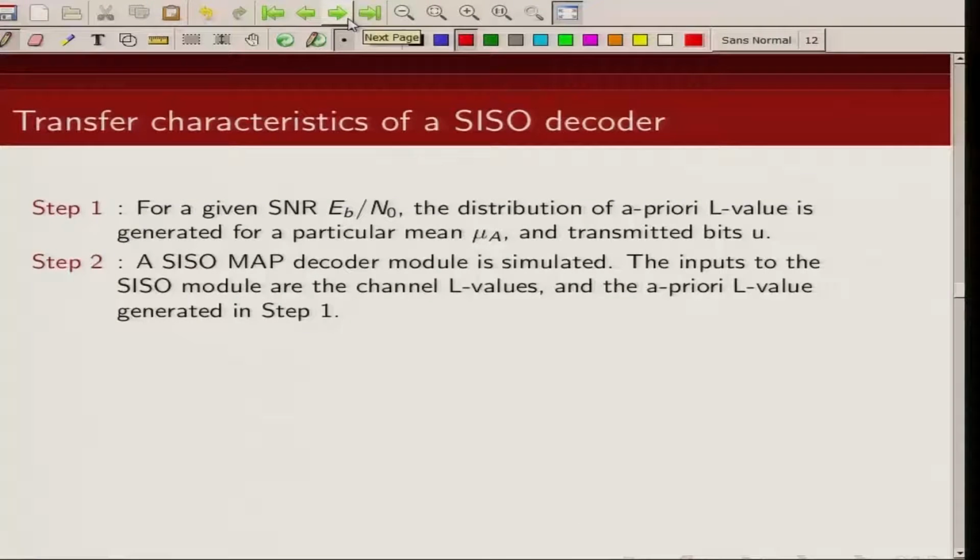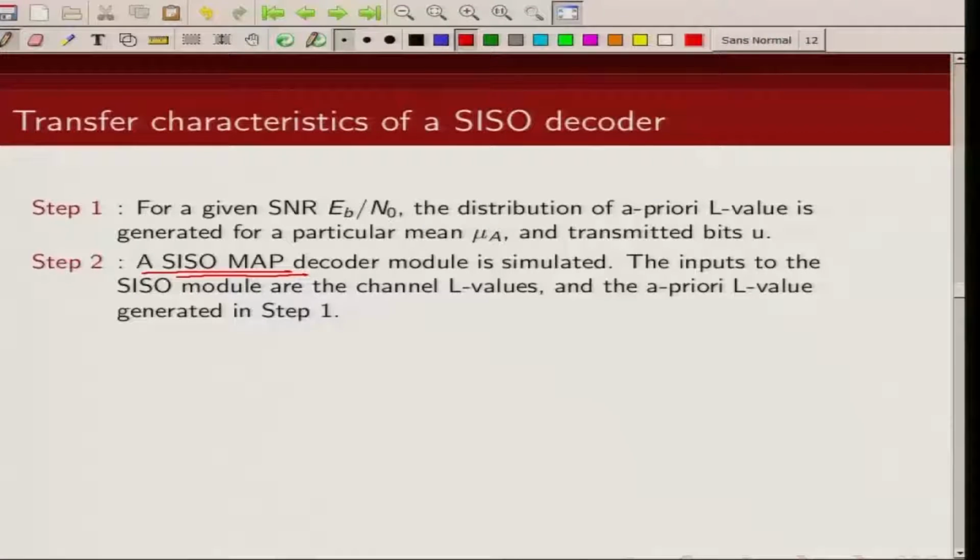So, next step is we simulate a soft input soft output decoder. We feed in these two inputs, one is this channel received SNR, other is this a priori information which we modeled as Gaussian.